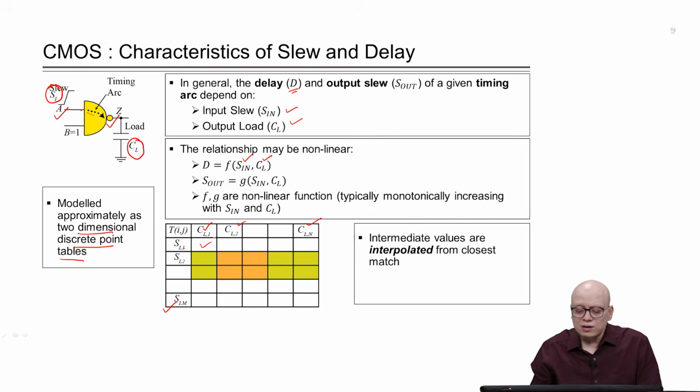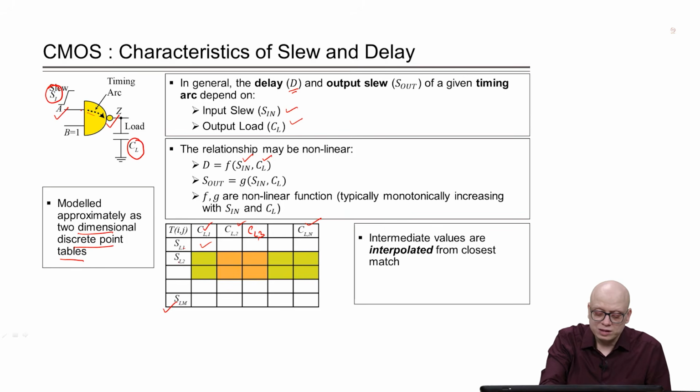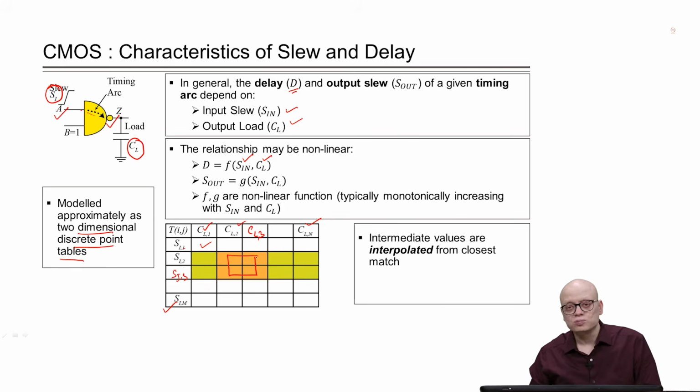And if in the design we get a load which is something between CL2 and CL3, and we get an input slew which is something between Si2 and Si3, we will choose these 4 values, corresponding to these numbers, and use some technique of interpolation, maybe linear interpolation, to compute the delay and the output slew.